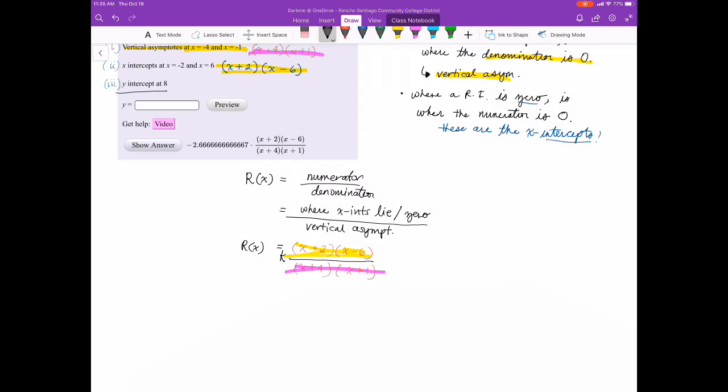If we know the y-intercept is at 8, this means that this is the ordered pair 0, 8. Why not plug and chug 0, 8 into r of x and solve for k? So this way we get r of 0, which is equal to k, times 0 plus 2 times 0 minus 6 all over 0 plus 4 times 0 plus 1.